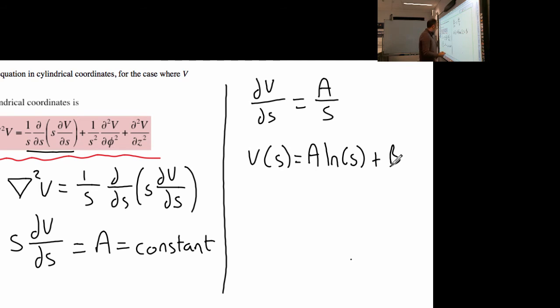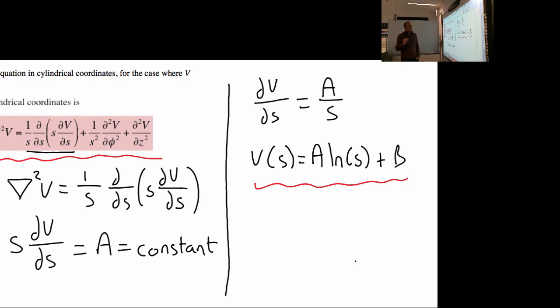So this gives us the general solution to Laplace's equation in cylindrical coordinates where the potential depends only on s. Now, a and b are constants, and we can determine those by the appropriate boundary conditions.